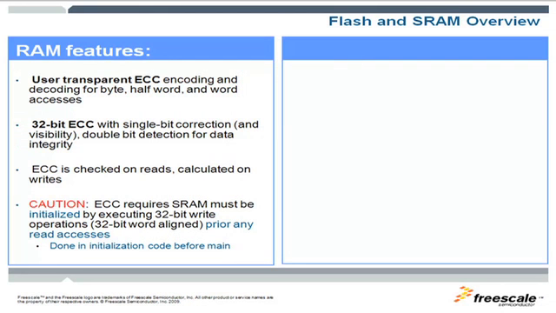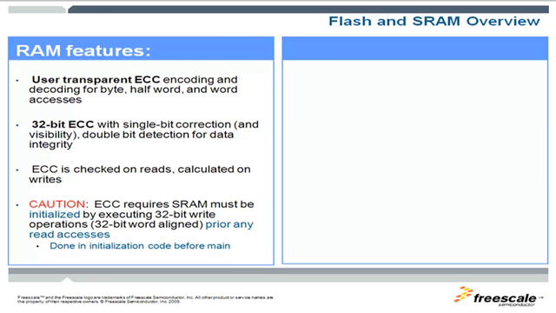If there are 2 errors, mathematically highly unlikely, then it will holler, and you'll get either a reset or an interrupt, or we can get something called a safe mode request we'll talk about later. However, when you use error correcting code, you must initialize all of SRAM before using it.